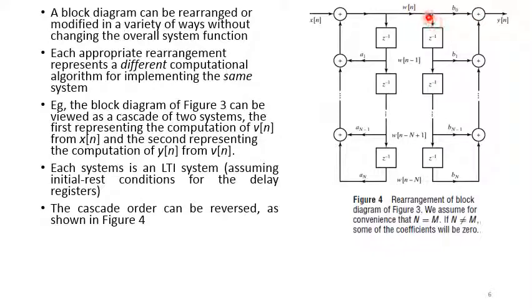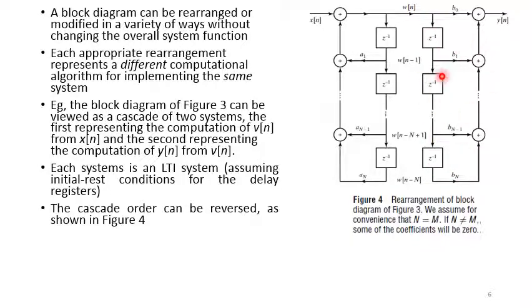Similarly, this point is where we represented v of n, and you can see the input signal coming here. With no shift we have b naught times x of n. With a single shift we have b1 times x of n minus 1, and so on.